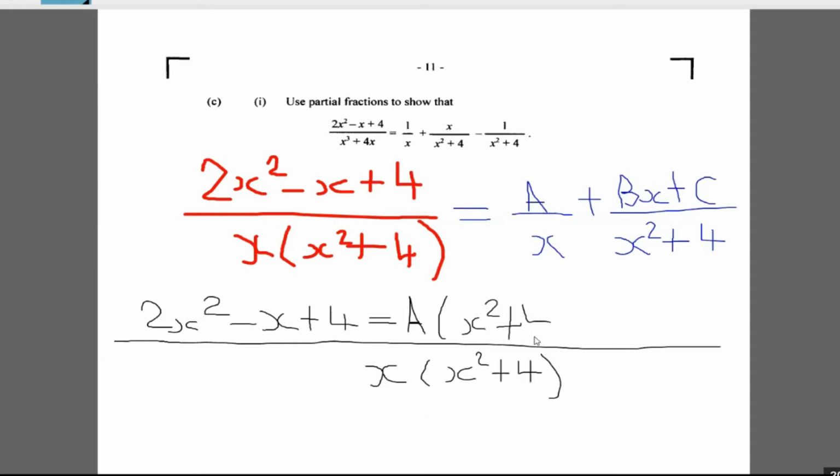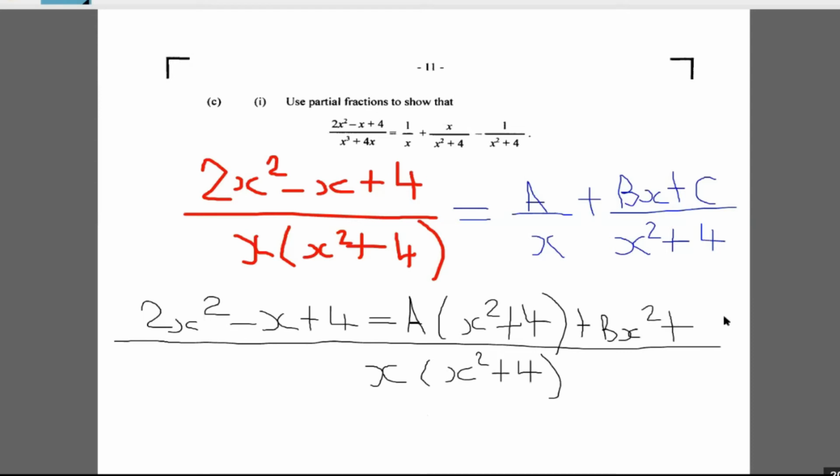And then x squared plus 4 into this leaves just x, and so it's Bx plus C times x. Since it's multiplied by x, I'm just going to write Bx squared plus Cx.